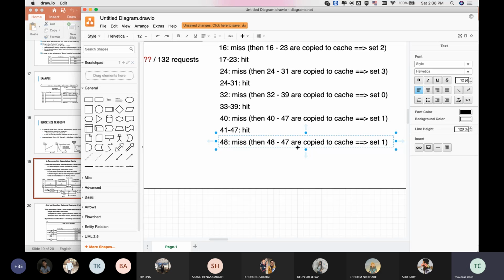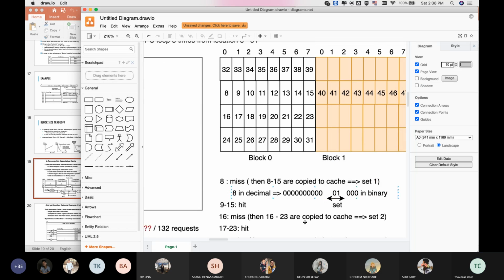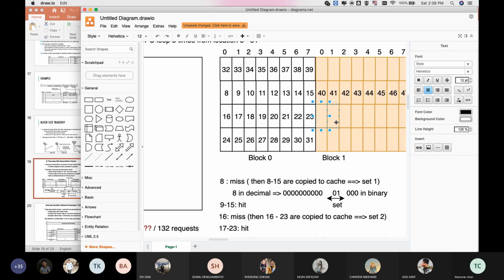Actually, it's not 51, but 48 to 55. Okay, 55. Copy to set number 2. Like this.